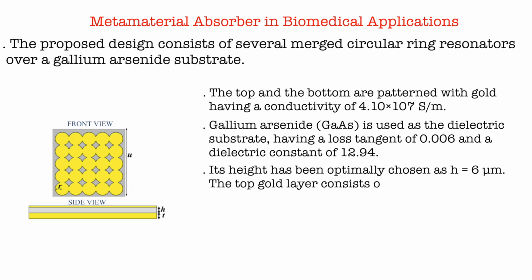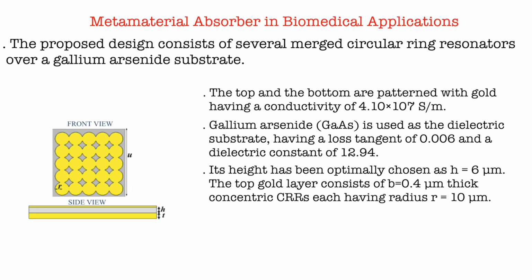The height has been optimally chosen as h equal to 6 micrometer, so that it can work at the terahertz frequency. The top gold layer is B equal to 0.4 micrometer thick, and the CRRs have a radius of R equal to 10 micrometer, which is responsible for working at the terahertz frequency.